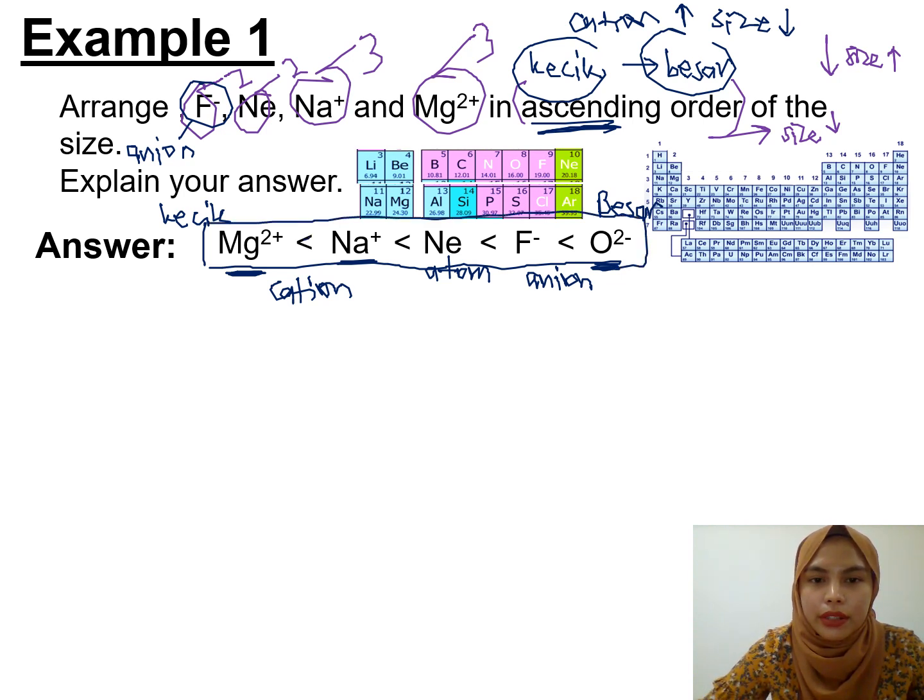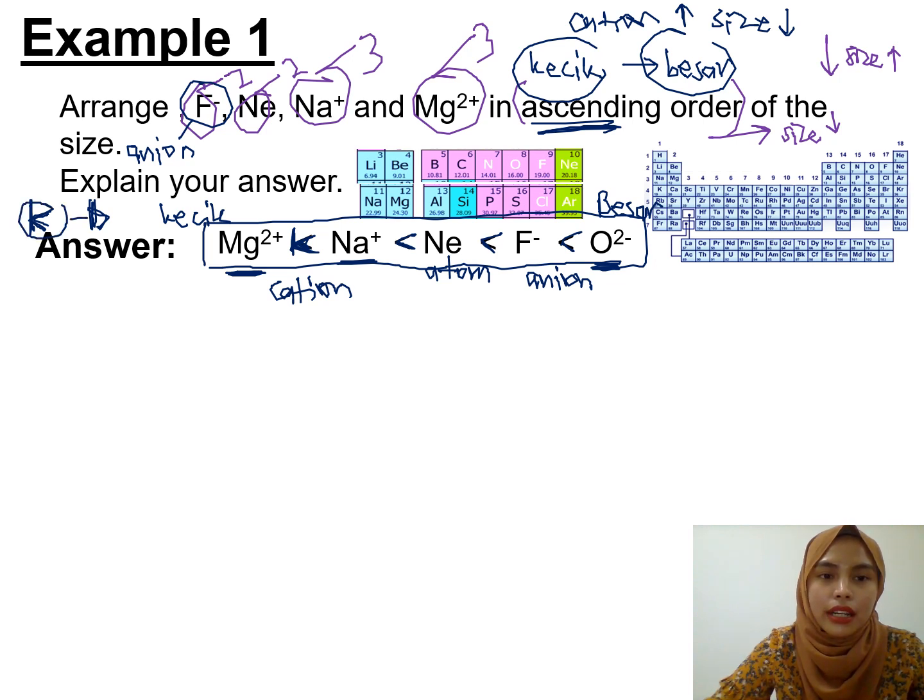So arrow ni maksudnya this is smaller than, kecil daripada, so Mg2 plus is kecil daripada Na plus, kecil daripada Ne, kecil daripada F minus, kecil daripada O2 minus. So some students apparently diorang silap kadang-kadang nak bagi arrow ni, tak tahu arrow mana satu yang kecil, mana satu yang besar. Kalau arrow macam ni maksudnya besar daripada, kalau arrow macam ni maksudnya kecil daripada. So kalau let's say ascending order daripada kecil ke besar, therefore you need to use this arrow.